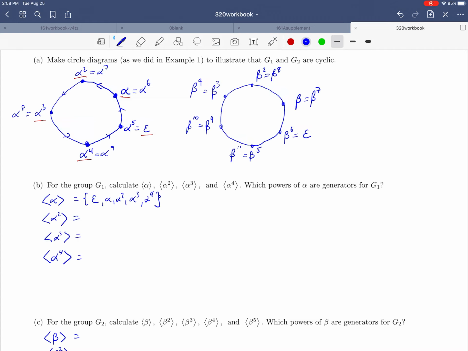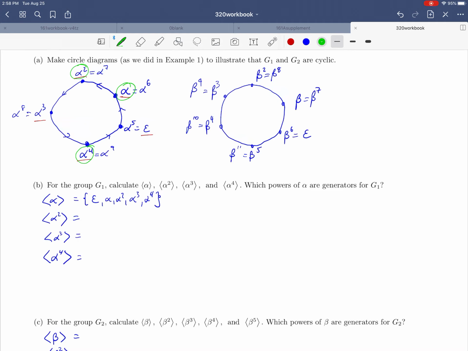That's my entire group. What about if I started with alpha squared and took powers of alpha squared? Alpha squared squared is alpha to the 4th. If I multiply by another alpha squared, I get alpha to the 6th, which is alpha.